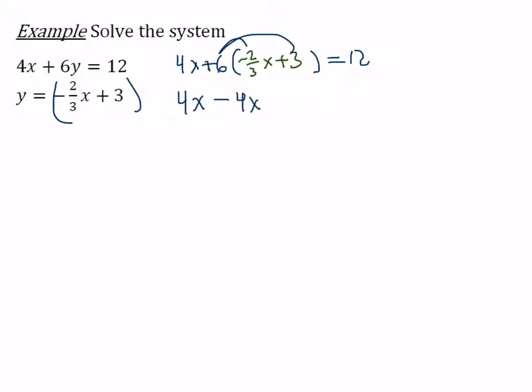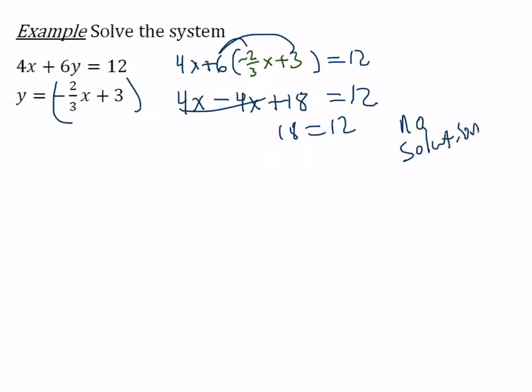And then we have 6 times 3, and that's obviously 18. Again, the x terms cancel out, and we get 18 equals 12. So these lines are parallel lines, so we say no solution again.